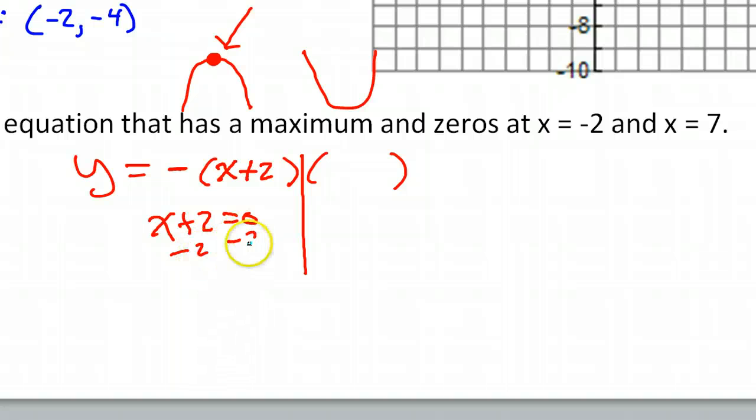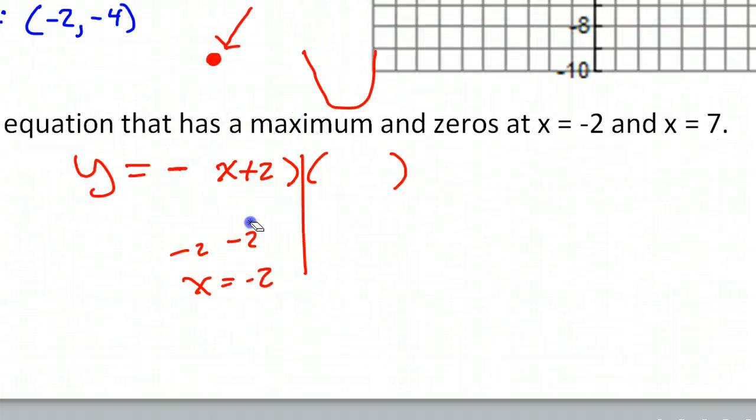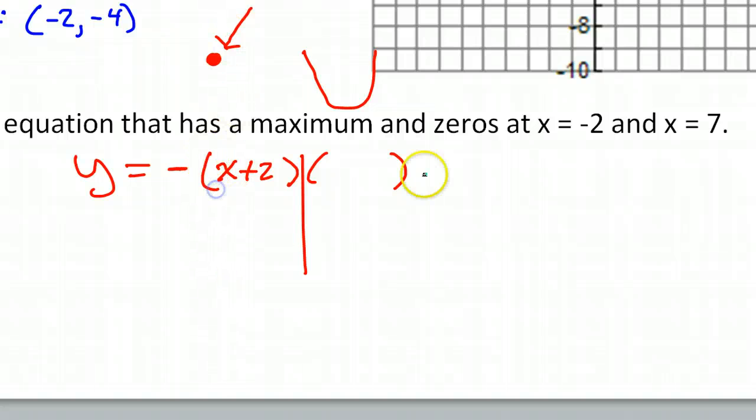Alright, so a 0 of -2 comes from a factor of x plus 2. Okay, and of course a 0 of 7 is going to come from a factor of x minus 7.